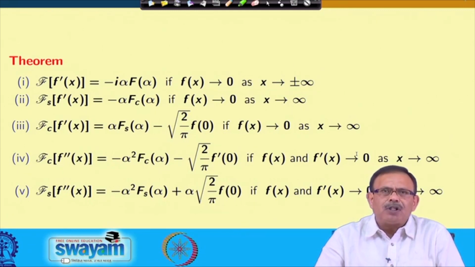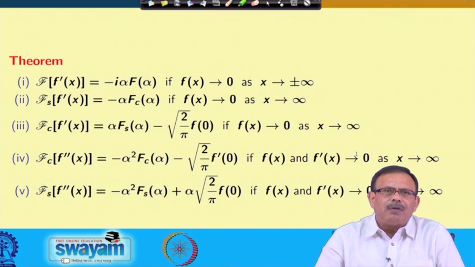This is obvious because for the Fourier transform the interval is minus infinity to infinity, whereas for the Fourier sine and Fourier cosine transforms x goes from 0 to infinity. Similarly, the Fourier cosine transform of f dash x will be equal to alpha times the Fourier sine transform of alpha minus root over 2 by pi f of 0, when f x approaches 0 as x approaches infinity.